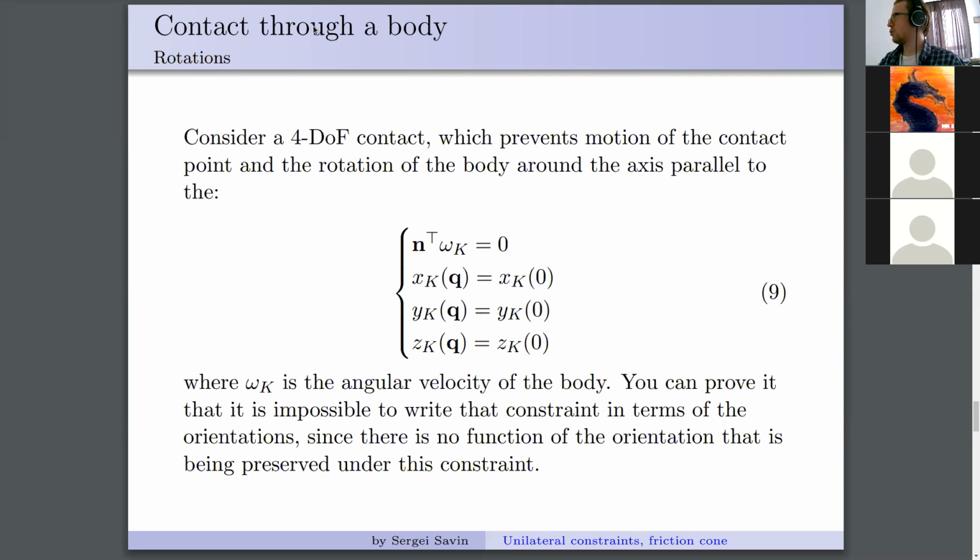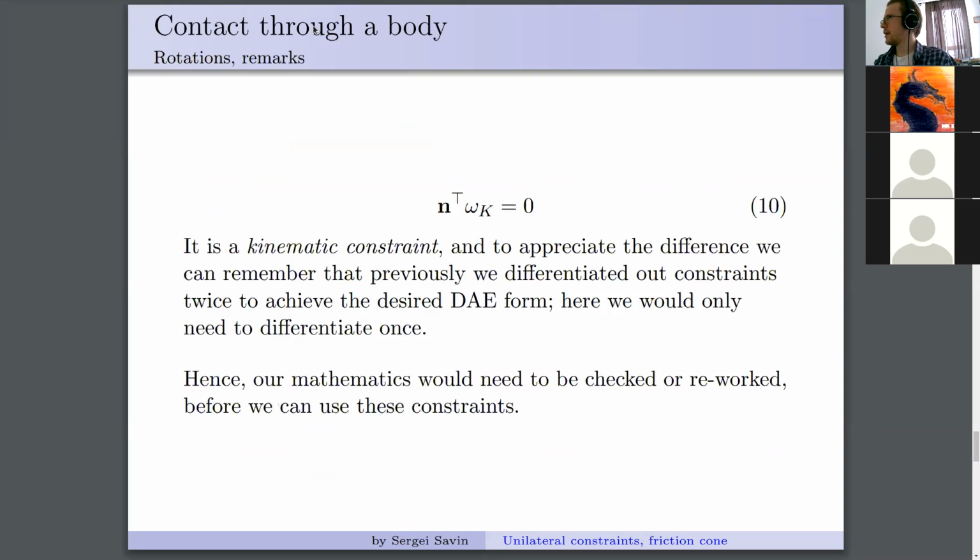This will break our reasoning that we had previously. So this type of constraint cannot be directly used in our previous formulations. We also call it a kinematic constraint, and you would have to rewrite everything we did before to accommodate this. For example, you would only differentiate it once to achieve your desired differential algebraic equation form.